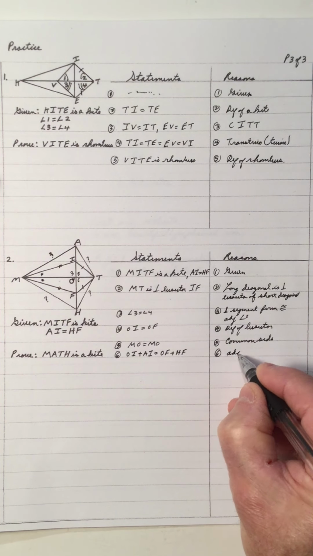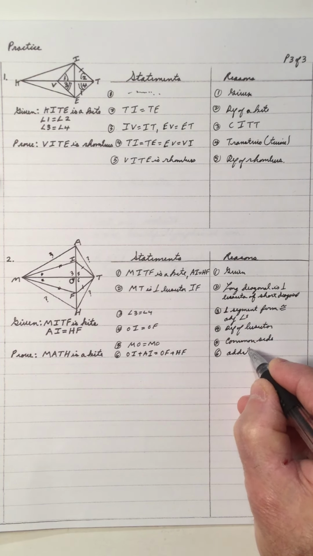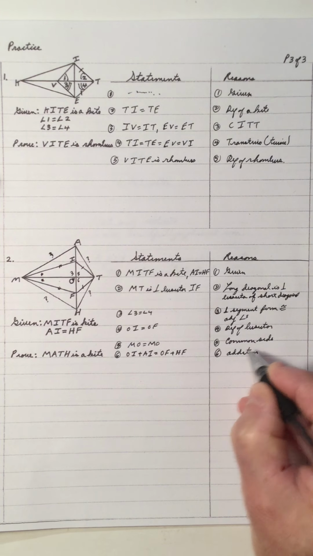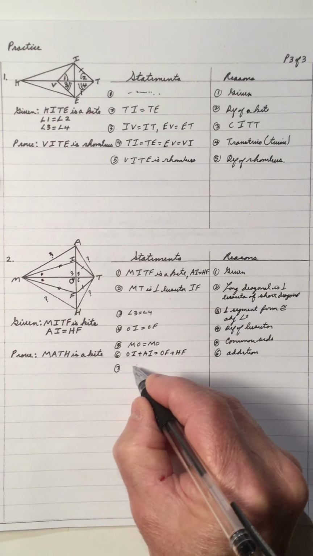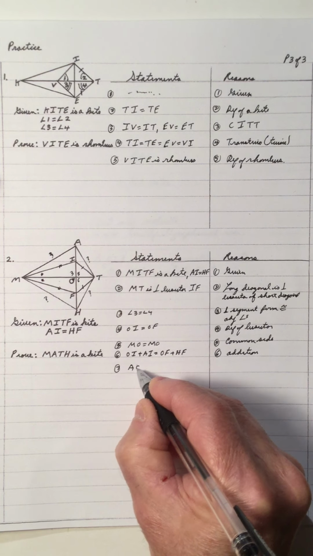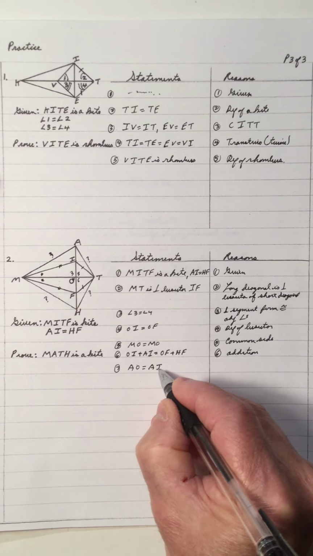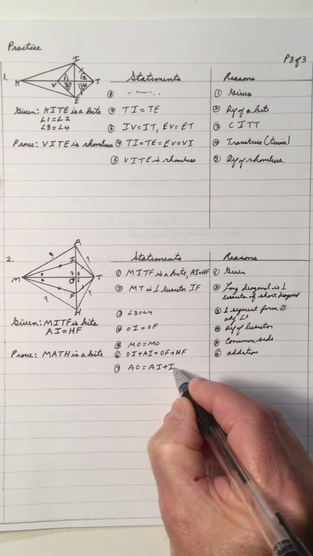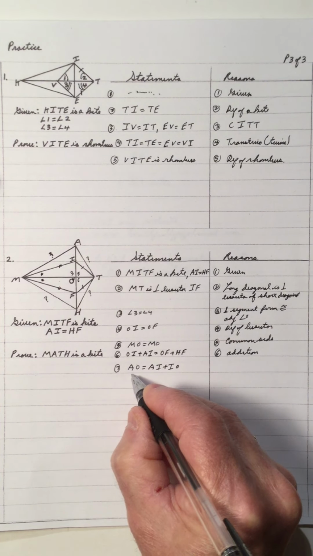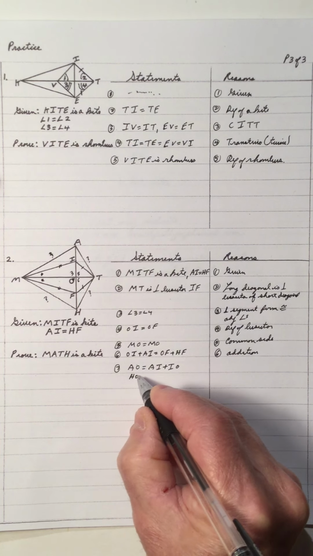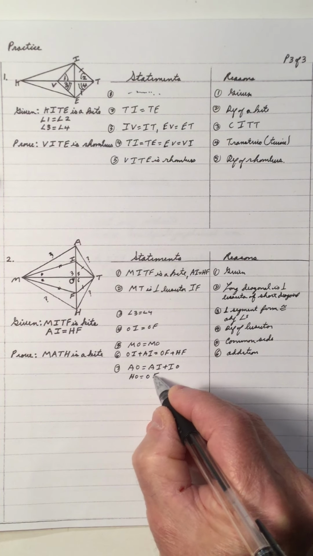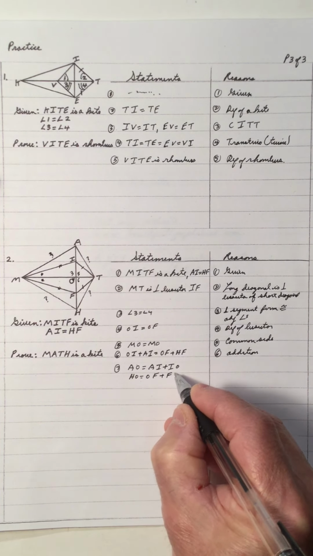That's addition; you're adding the segments together. As a result, we can say that AO equals AI plus IO, and HO is equal to OF plus FH.